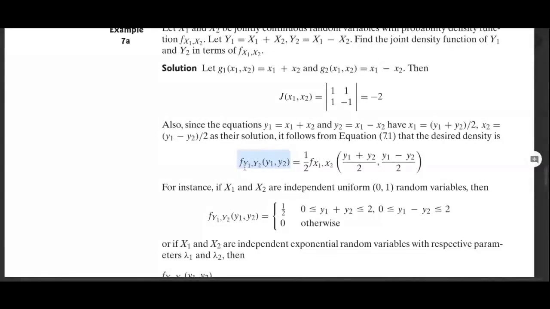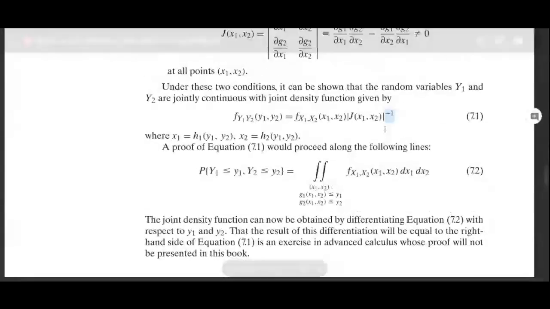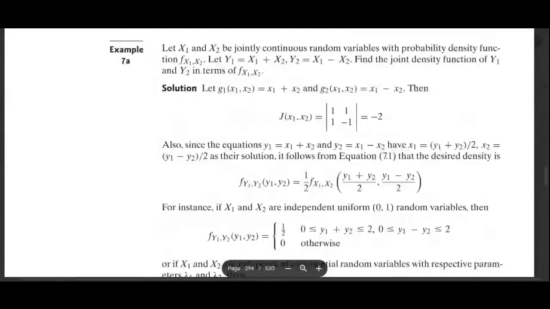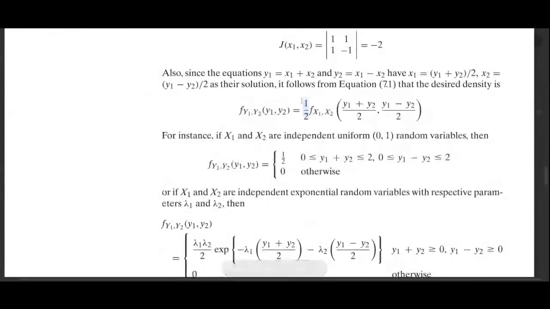So the joint density function for y1, y2 is just the joint density for x1, x2 multiplied by the inverse of the Jacobian, because in the formula it's the absolute value of the multiplicative inverse. So the inverse of the absolute value of -2 is just one half.